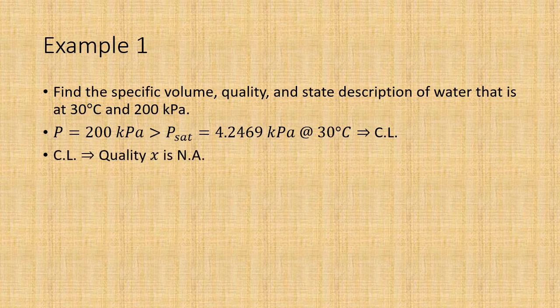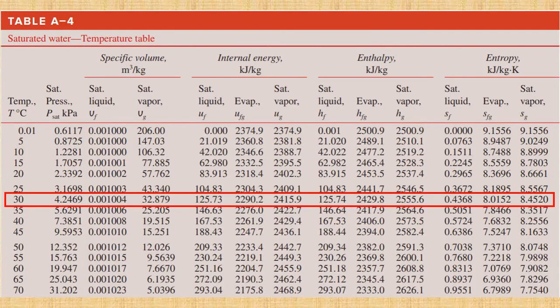In the compressed liquid part of the video, we said that for our purposes, we assume the specific volume V of a compressed liquid to be approximately equal to Vf. To find Vf, we go back to the temperature table and look across the row containing 30 degrees Celsius.